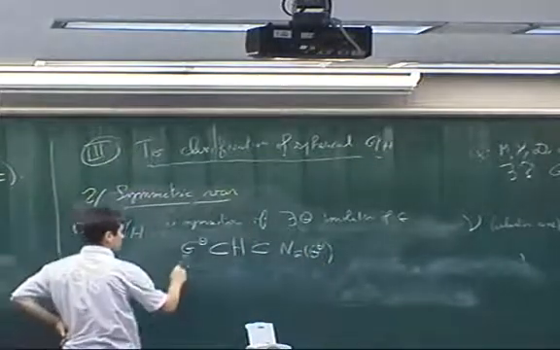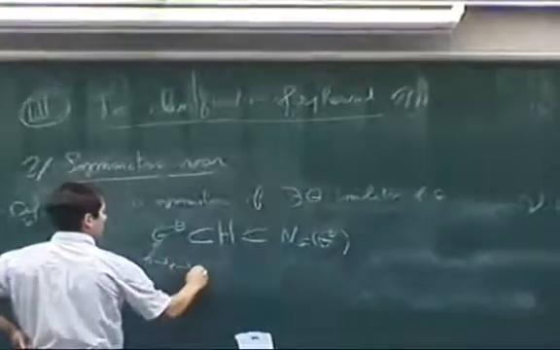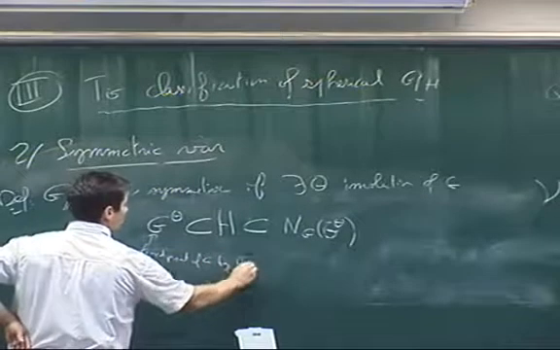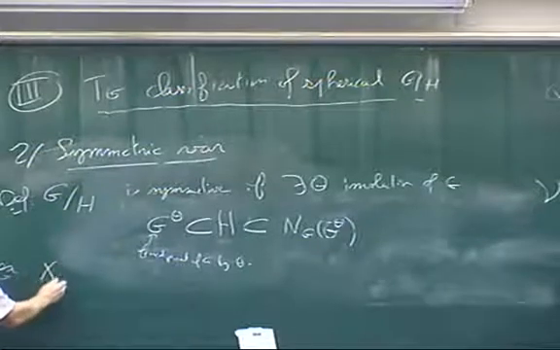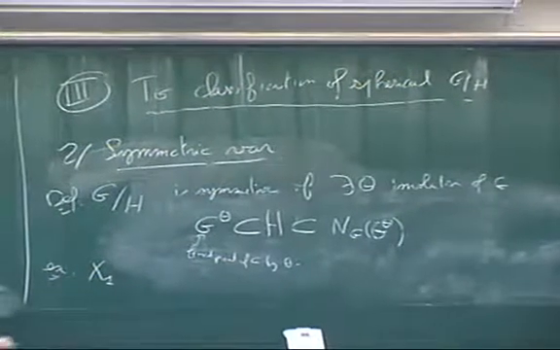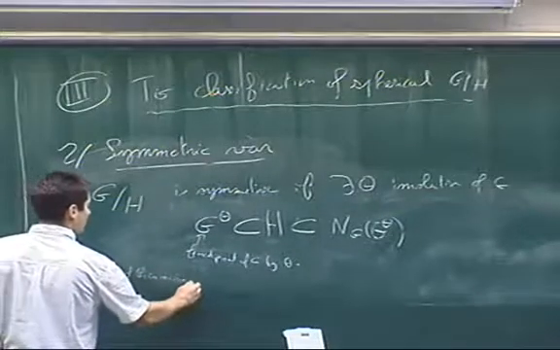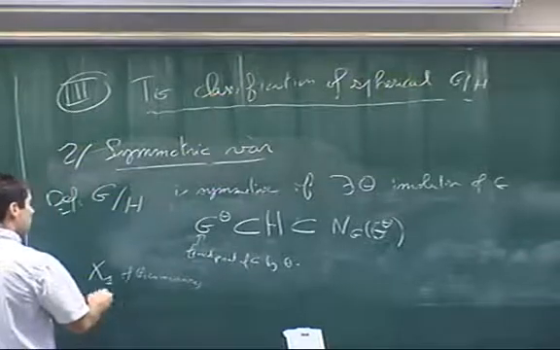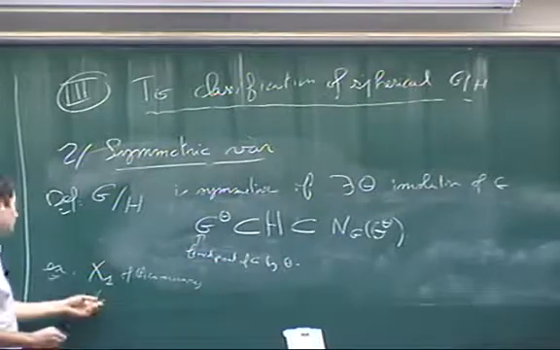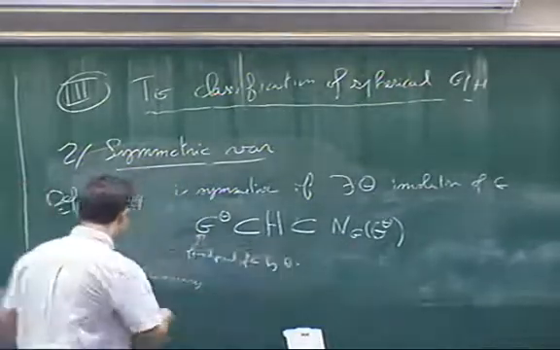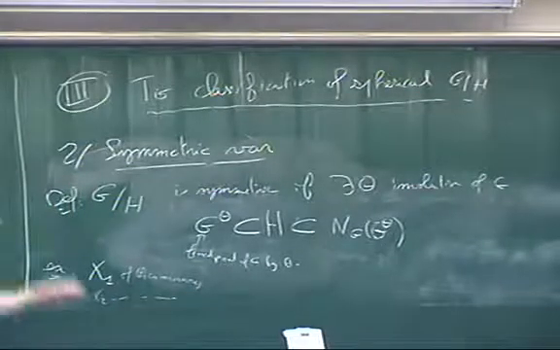This is the fixed point set of G by theta. So we have already seen examples: the example X1 of this morning, and the second example I gave, taking the normalizer here, was also symmetric with this definition.